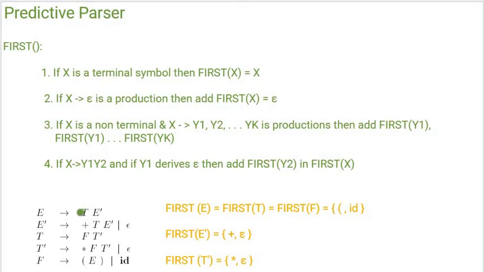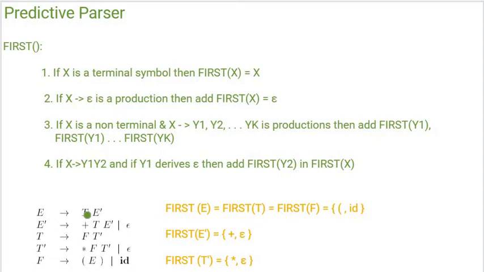If first of T contains epsilon in it, then we have to also calculate first of E dash. So first of E dash will also be part of first of E. I will repeat this point once again. As per our fourth rule, when we have an expression like E tends to T E dash, when we want to calculate first of E, we will be calculating first of T. Now just consider that first of T contains epsilon in it.